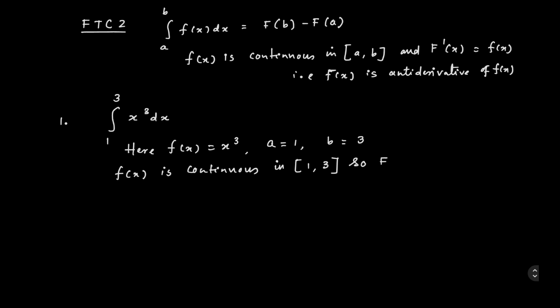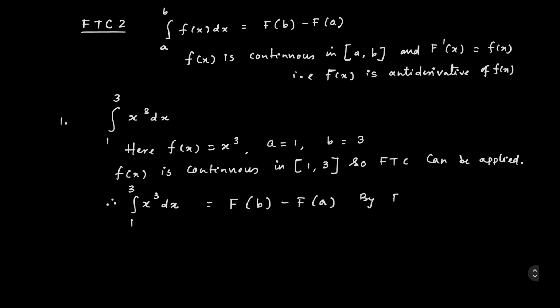So FTC can be applied here. So therefore the integral from 1 to 3 of x cube dx equals F of b minus F of a. This is by the fundamental theorem of calculus.